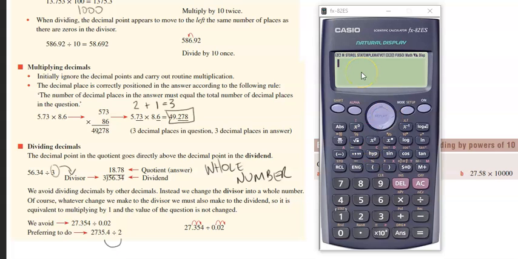So I've gone ahead and got my scientific calculator. If we put in 27.354 divided by 0.02, we will get the answer of 1,367.7. I'm going to write that down.